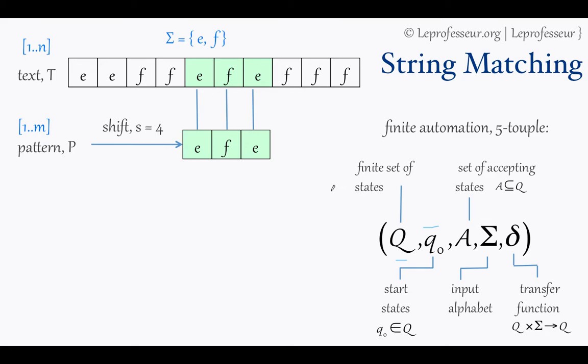We discussed input alphabet in the previous lecture, and it's simply what your string constitutes. It may be simply 0 and 1 if you have a binary string, and that becomes the alphabet for your binary string. If you have a decimal string, then it will be 0, 1, 2, 3 up to 9.